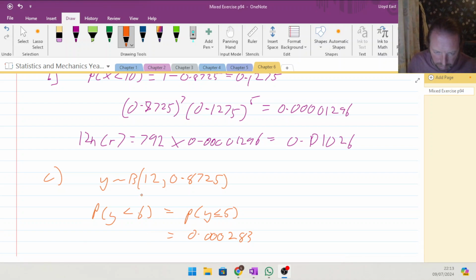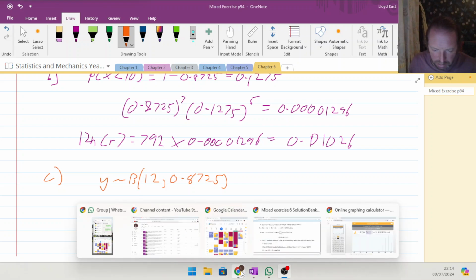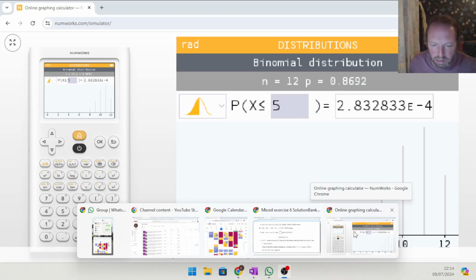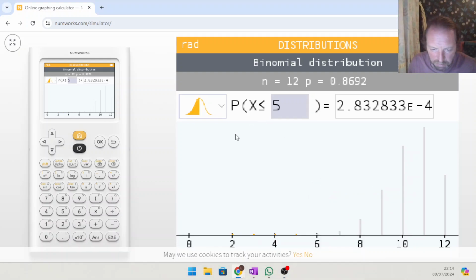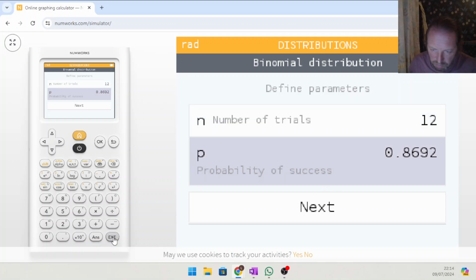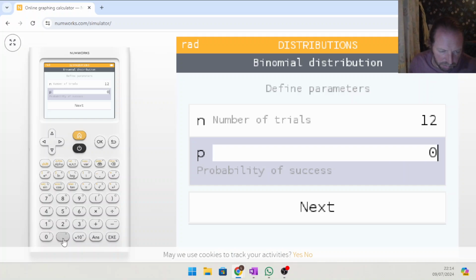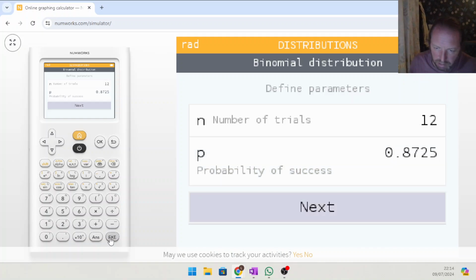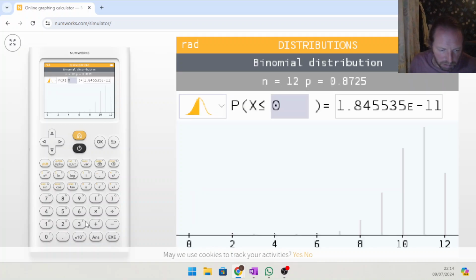That isn't quite the correct answer. It's a little bit out. Just looking back at that, it's 0.8725. So checking the calculator, 0.8725, just go back here, 0.8725, that's not what we've got in here, 0.8725, okay, and we want 5 on that one.